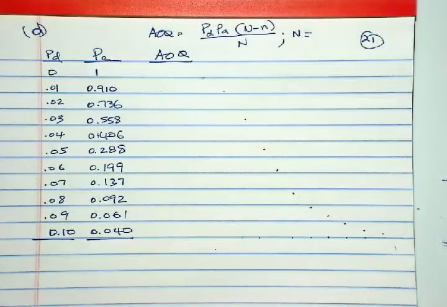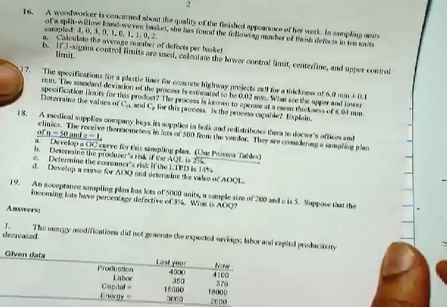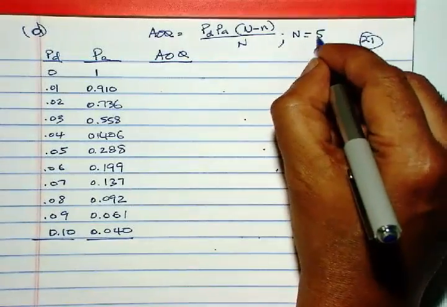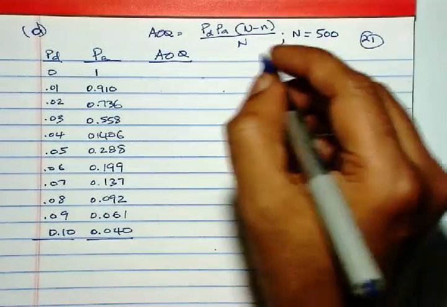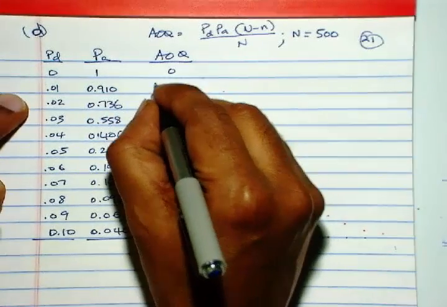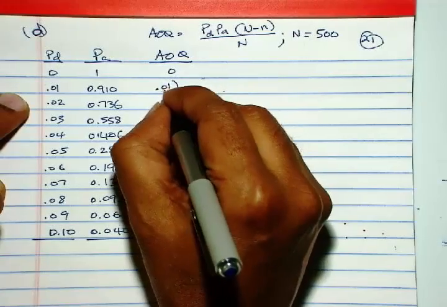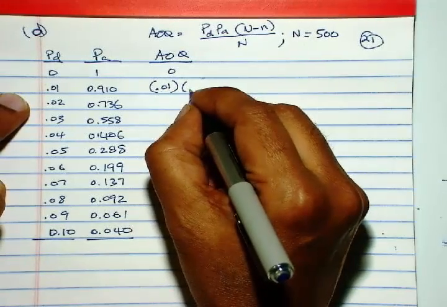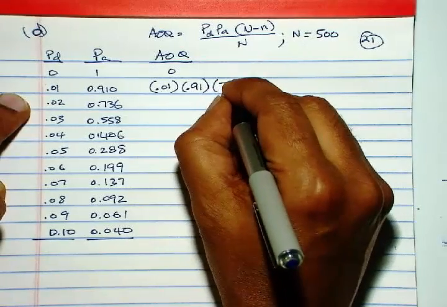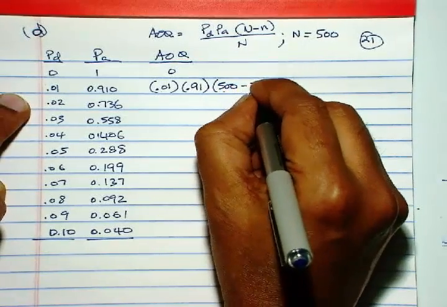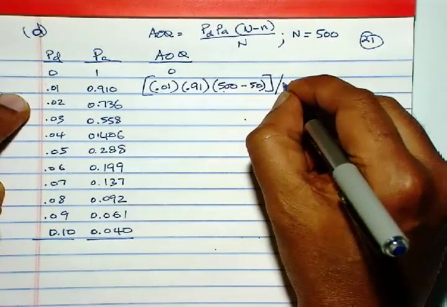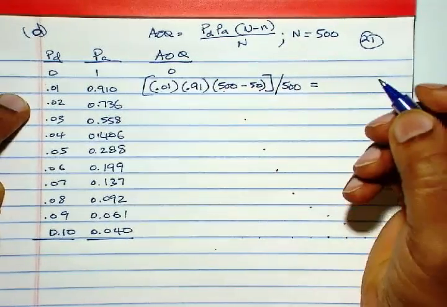So the doctor's office uses 500 thermometers. The first one is always 0 here. Now 0.01 times 0.91 times 500 minus 50, that's in the numerator, divided by 500. So that will give you 0.00819.